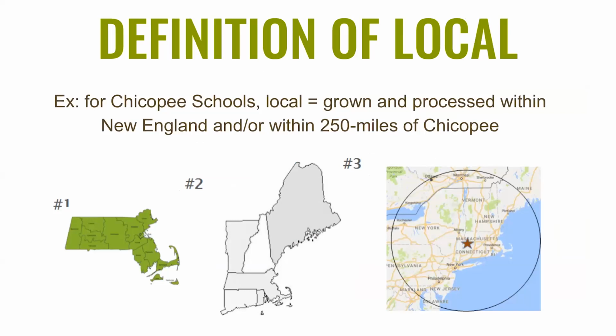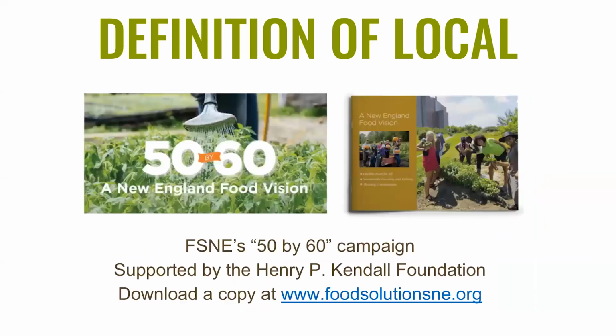So for example, in my work with Chicopee Public Schools, we talked about prioritization. So we prioritize Massachusetts grown and raised, and then looking outward to regional, then we count whatever we can source within the New England states or within 250 miles in alignment with the Real Food Challenge definition of local.